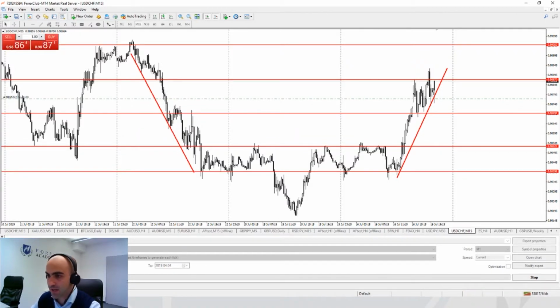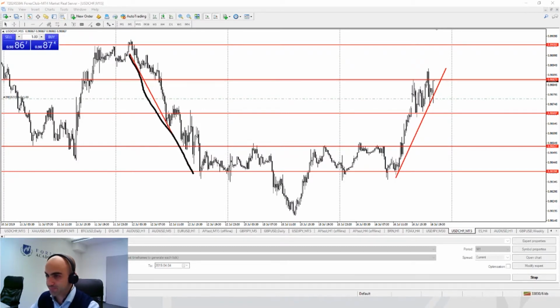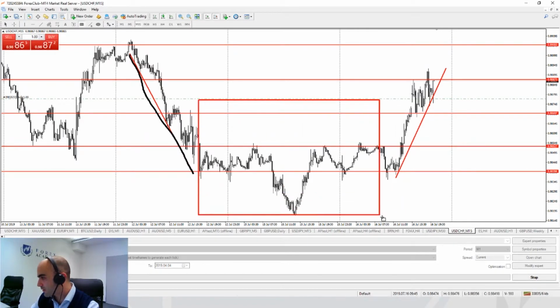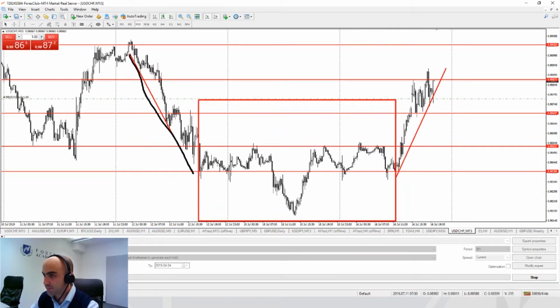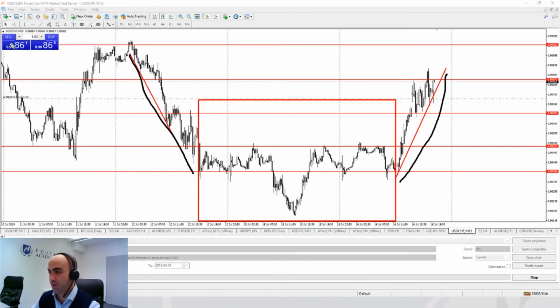As you can see over here, we have a very distinct sell off and a downtrend, and here we have a pause before there is this big bullish rally over here. Here we are looking at the USD Swiss franc currency pair, just for your information.